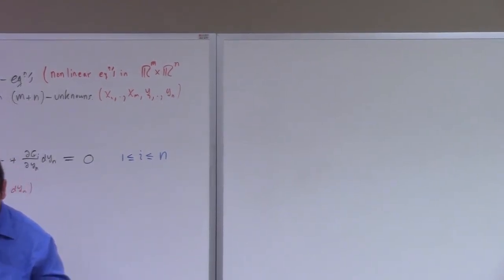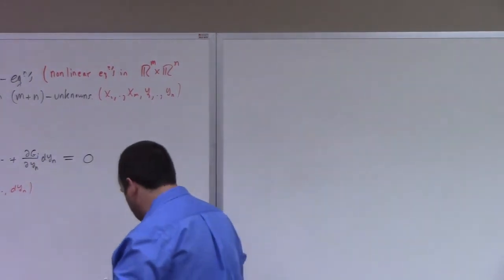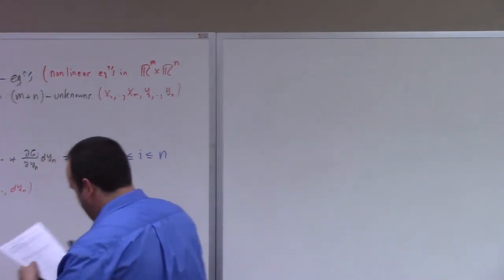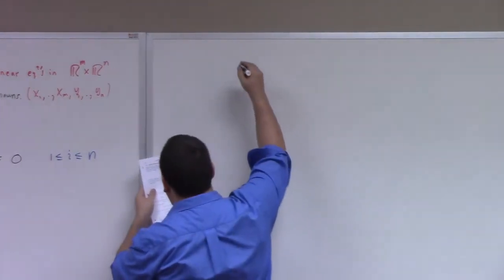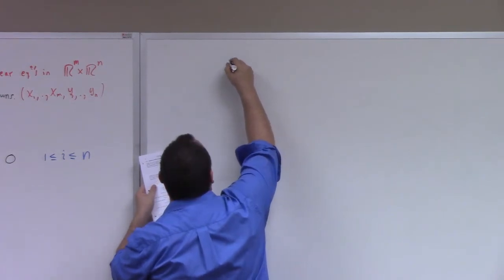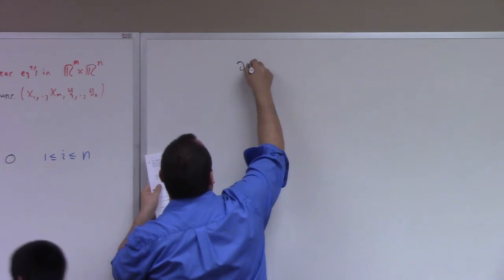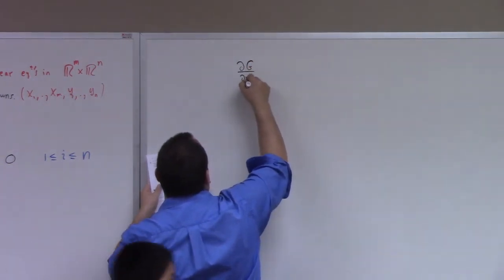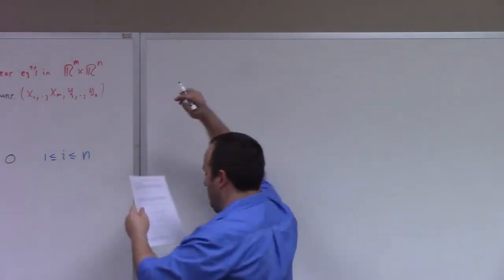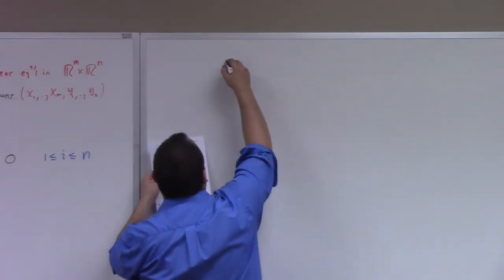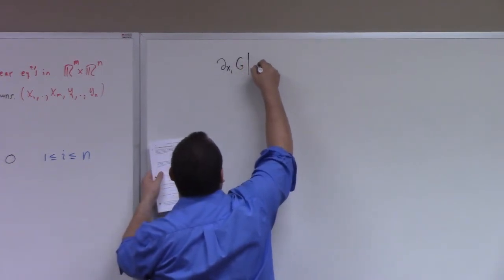Now, I can rewrite this briefly just to complete the thought here. Basically we can write partial x1 g, partial x2 g.